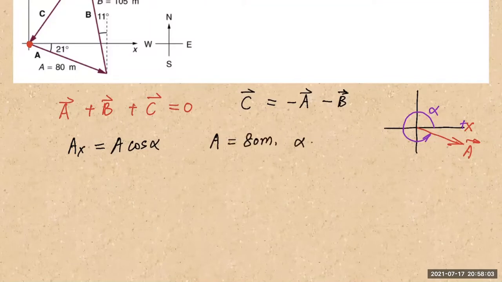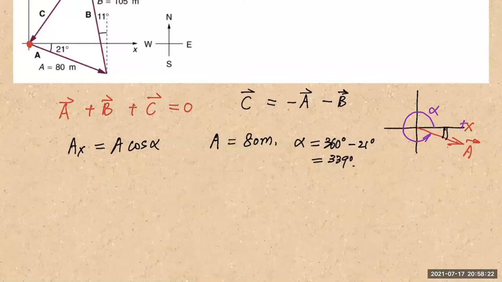And alpha equals what? This angle is 21 degrees. So therefore, alpha is 360 degrees minus 21 degrees, and that is 339 degrees. It's not 21 degrees, it is 339 degrees.